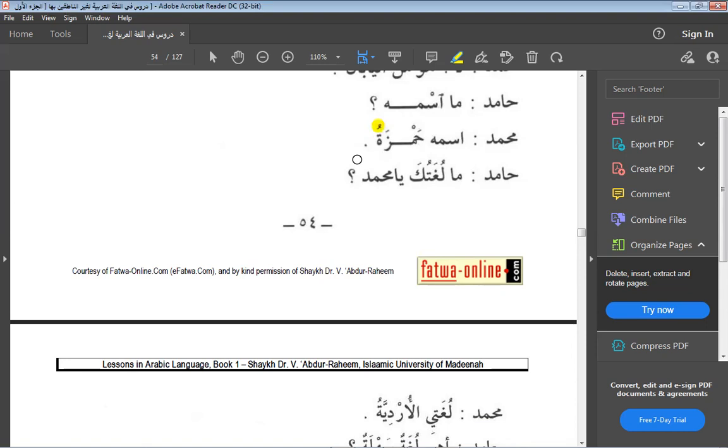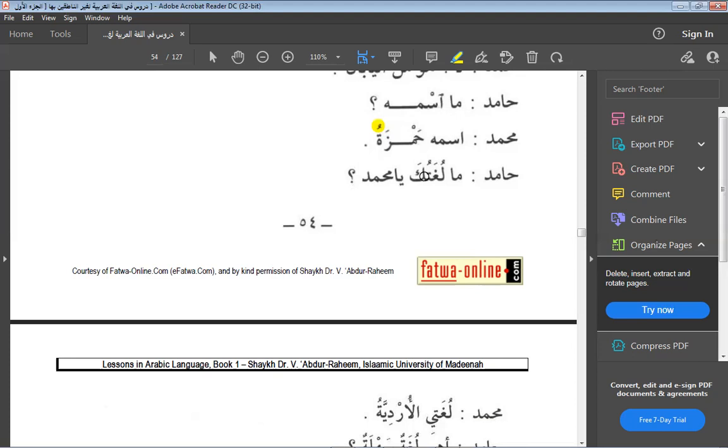Okay, so it says Ismuhu Hamzatu, but the name is for a masculine human being, though in its structure it is feminine. That's like some guys are called Firdaus. I've seen Firdaus, and I think I've seen Zainab also, being guys.